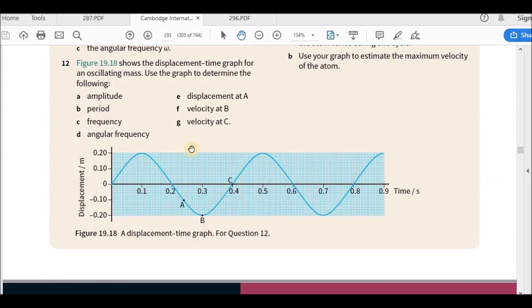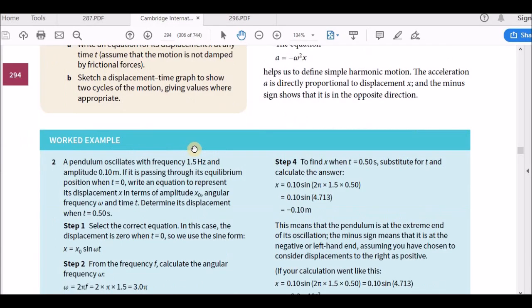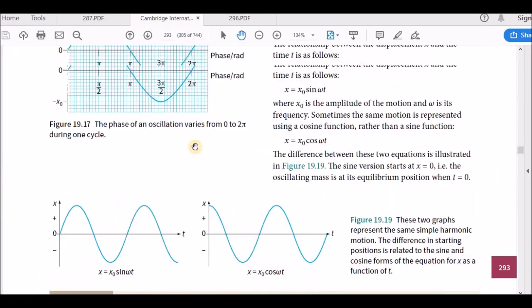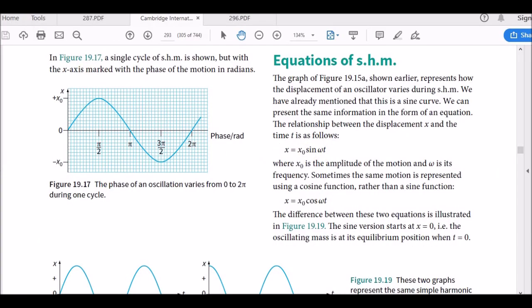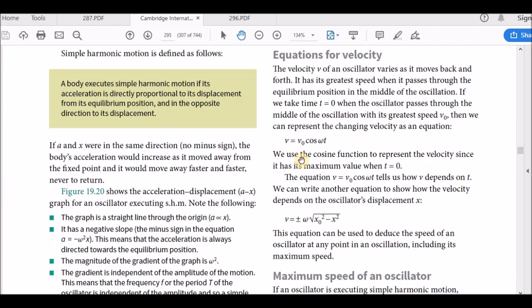Okay, now we can go through these examples also. Before that I'll show you the differentiation to get these equations, but here we don't have the velocity equation, right? I think it's coming up later.